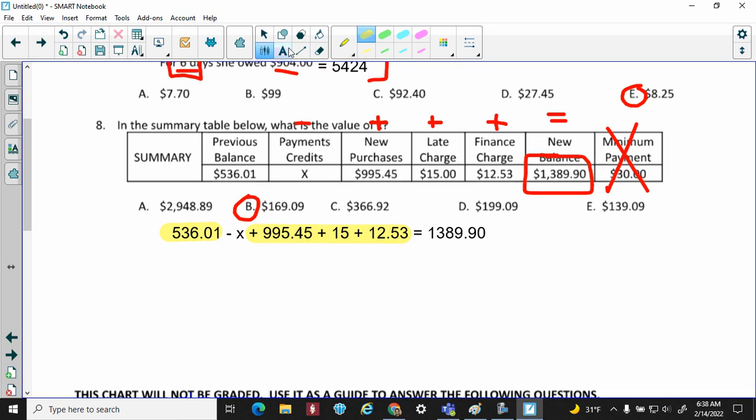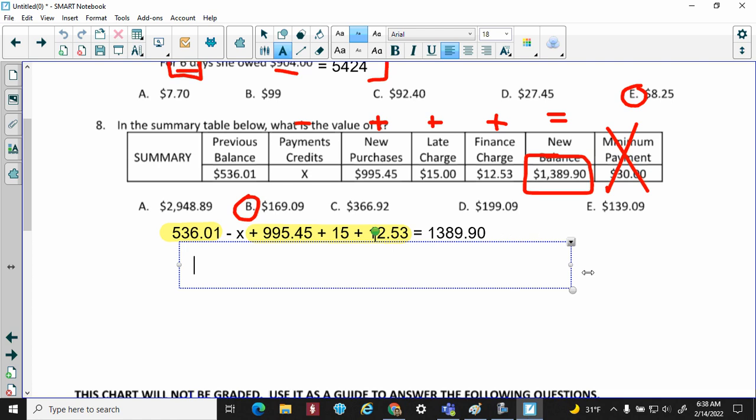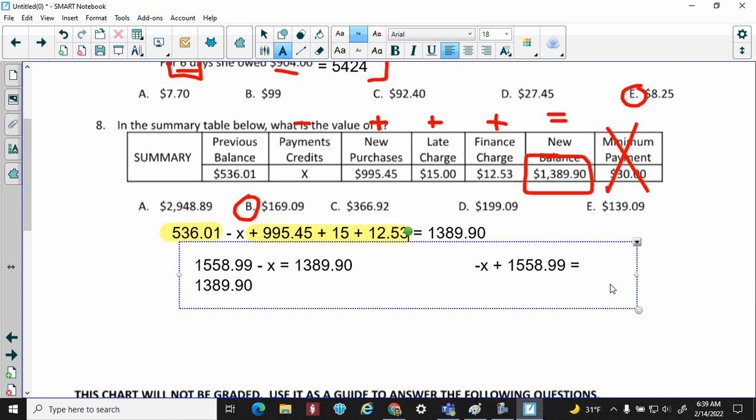All right. So when you do the math, you can write it 2 different ways, all right? You can write it as 1558.99 minus x is equal to 1389.90, or you could have written it this way, negative x plus 1558.99 is equal to 1389.90. All right.